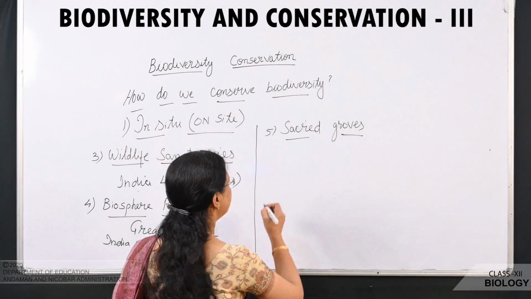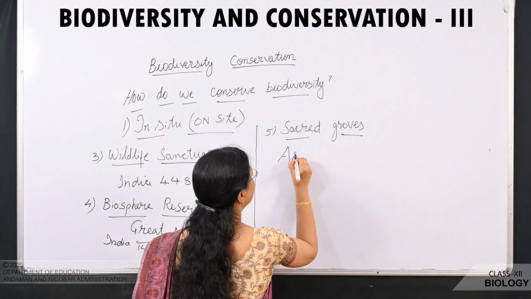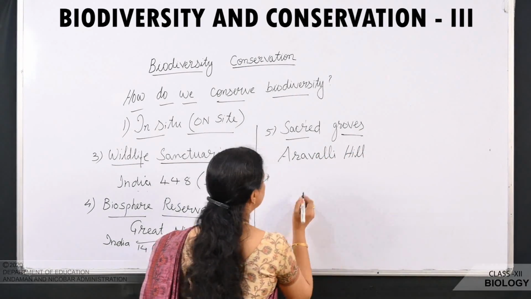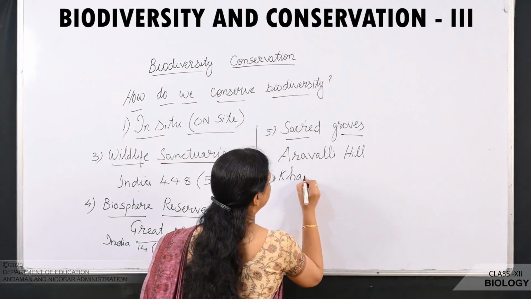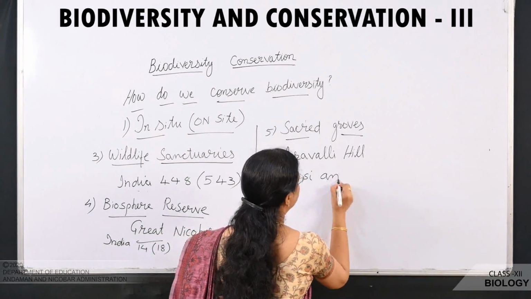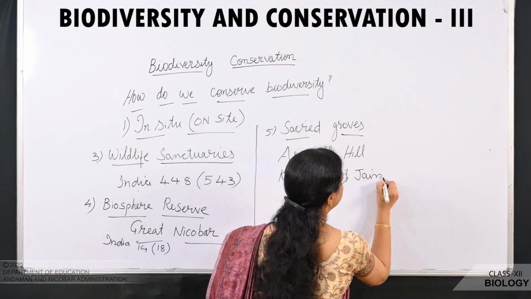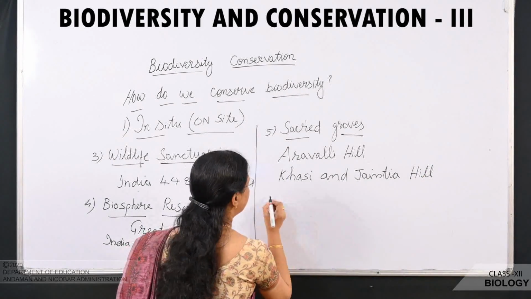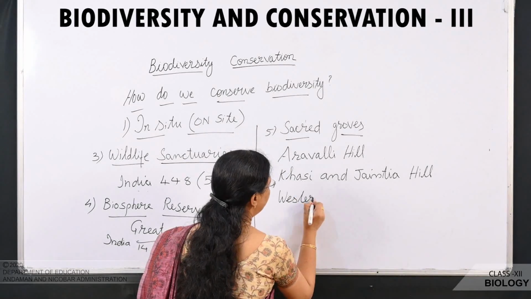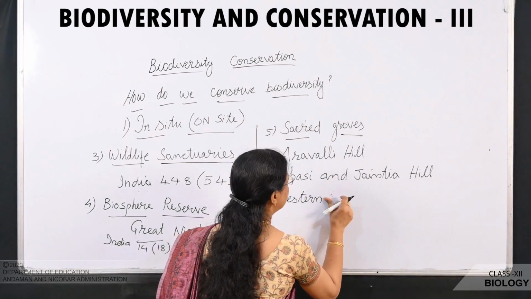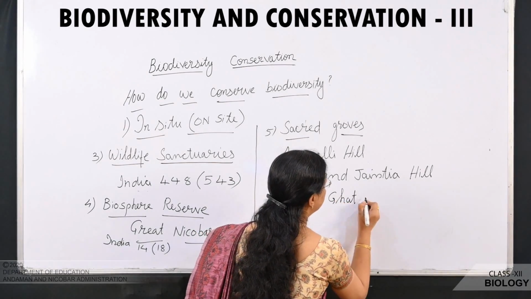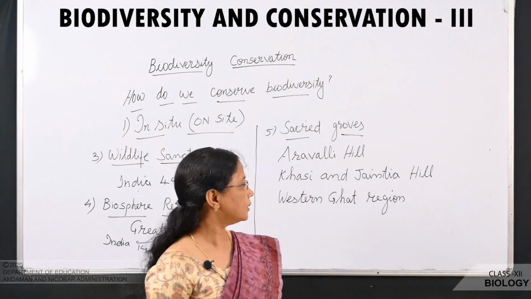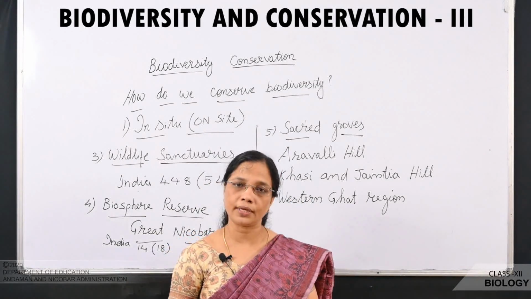In India you can see sacred groves like Aravali Hill in Rajasthan, Khasi and Jaintia Hill in Meghalaya and Western Ghat region of Karnataka and Maharashtra. These are the sacred groves which are found in the country.